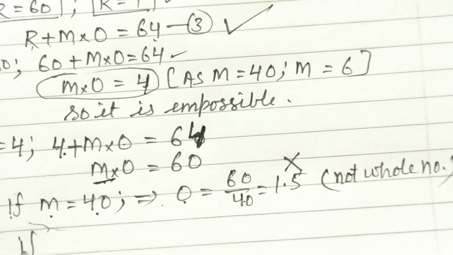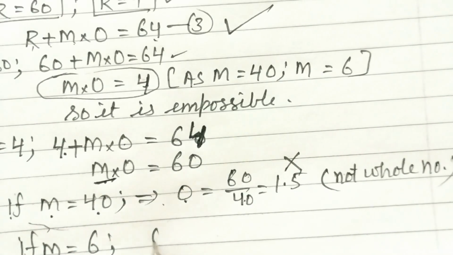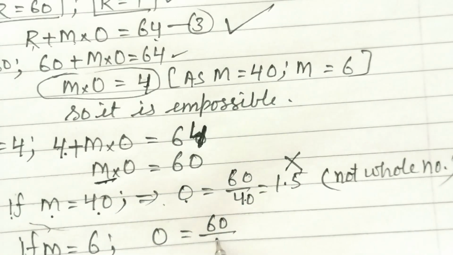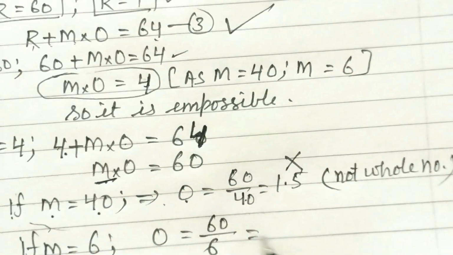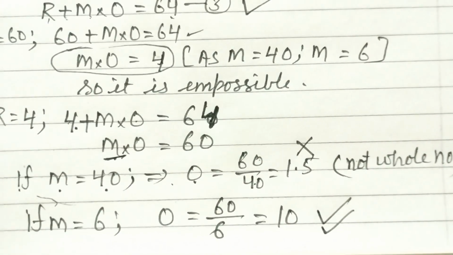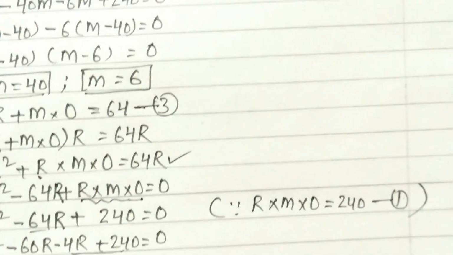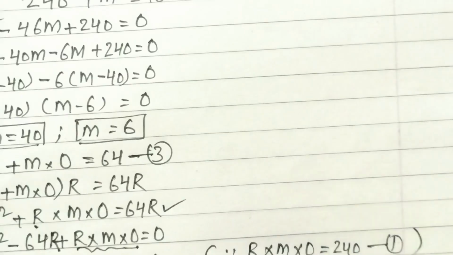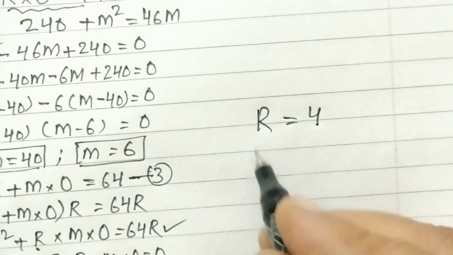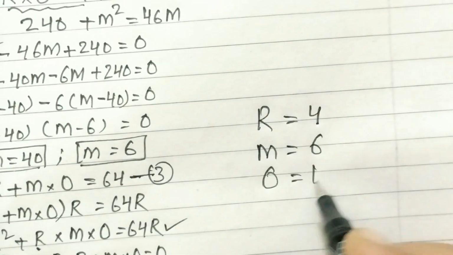Now if we take M is equal to 6, O will be equal to 60 over 6, which is equal to 10. Here we will accept this value. Now we can safely say that R is equal to 4, M is equal to 6, O is equal to 10.